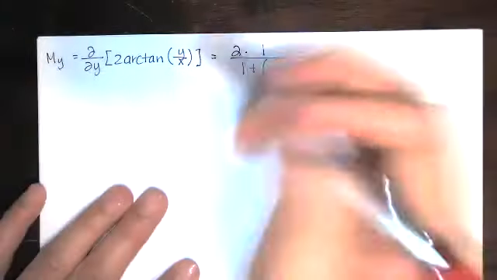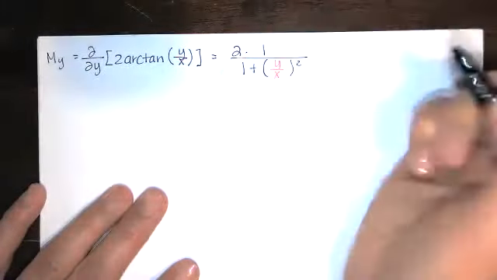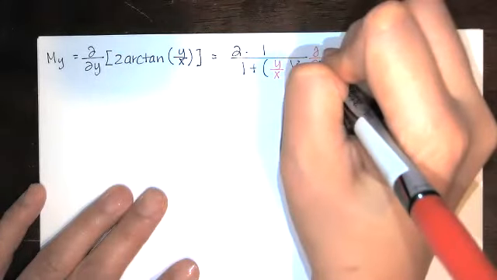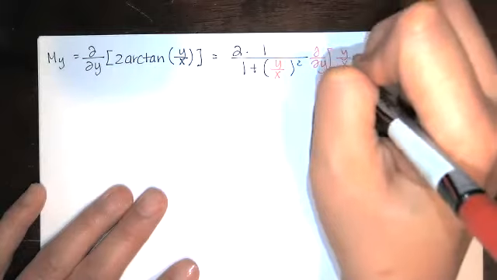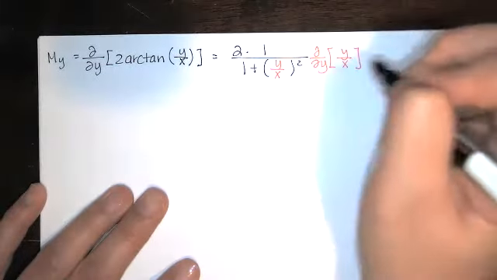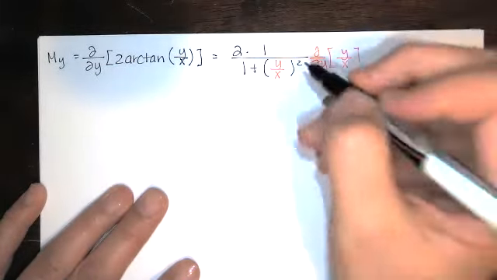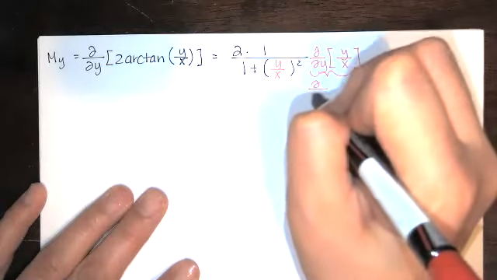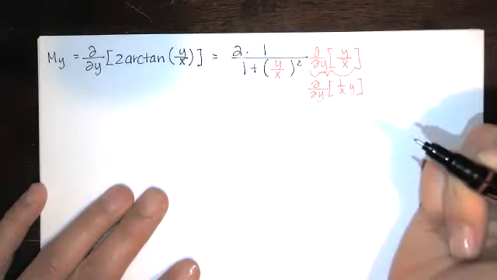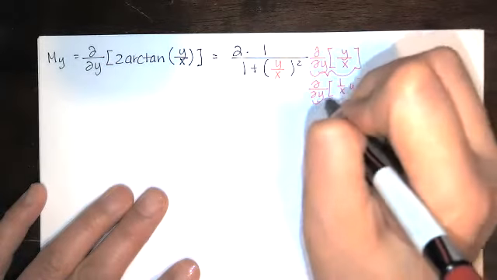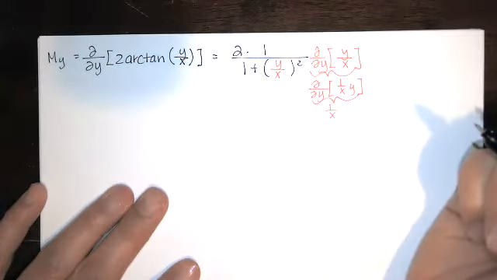The inside function is y over x. And then we multiply by the derivative of y over x with respect to y, treating x as a constant. Well, you can factor out that 1 over x. That's really just a constant times y. The derivative of a constant times y is just the constant.